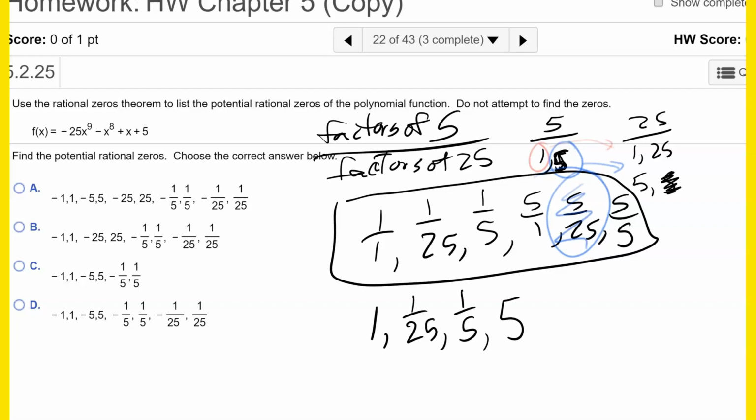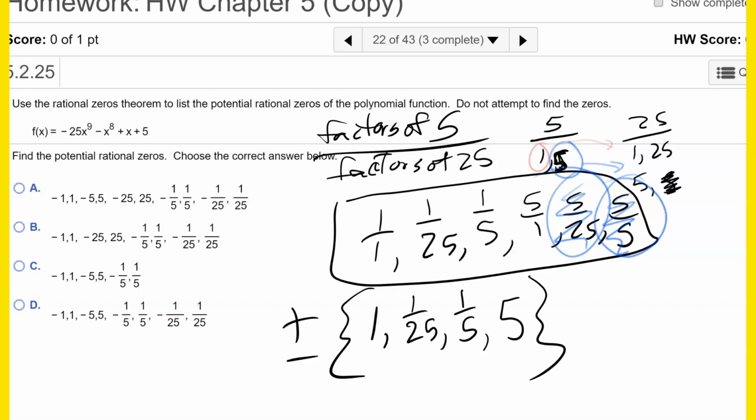So I don't have to worry about that one because it's already represented in the 1/5. It's just a repeat. And then what about the 5 over 5? It just reduces to 1. So that also is already represented in the 1. It's just a repeat. So all the possible rational roots are those numbers, and they can all be plus or minus.